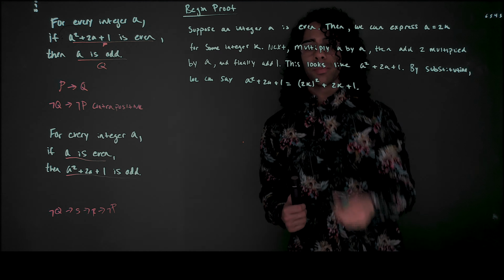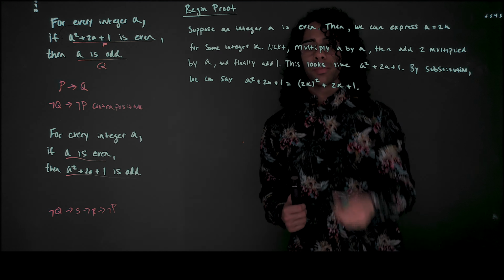By rewriting the equation, we obtain a squared plus 2a plus 1 is equal to 4k squared plus, that should be 2 times 2k, pardon, 2a times 2k, plus 4k, let me fix that, 4k plus 1. Pardon the bad handwriting there.